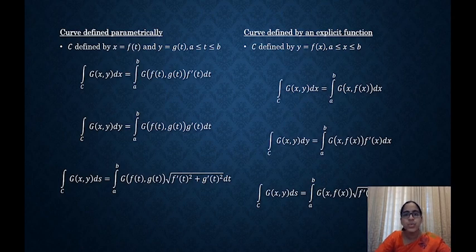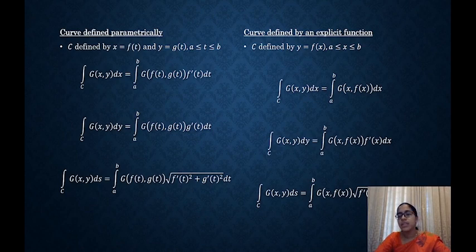Now if the curve is defined using an explicit function, say y equal to f(x), where x varies from a to b, then the integrals will be as follows. The integral over C of g(x,y) dx will be equal to the integral from a to b of g(x, f(x)) dx, and the integral over C of g(x,y) dy will be equal to the integral from a to b of g(x, f(x)) times f'(x) dx.